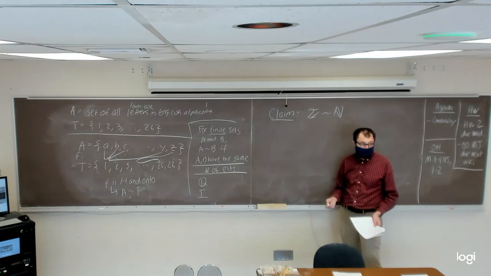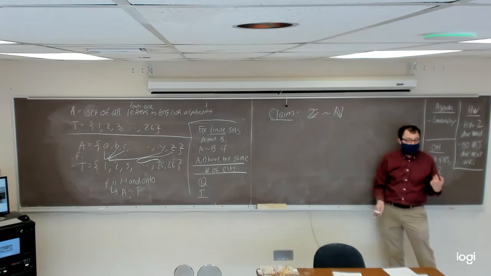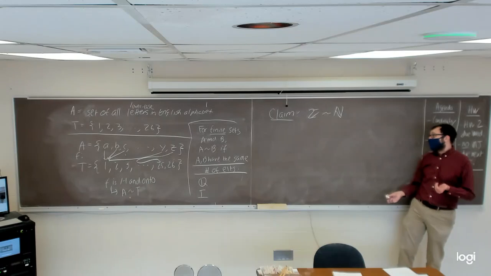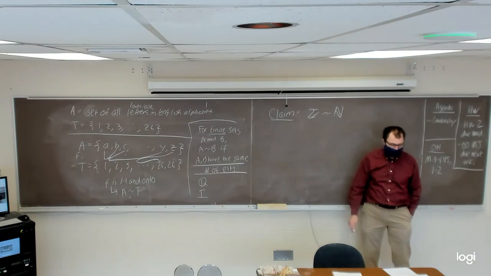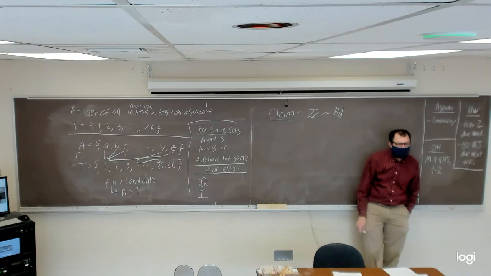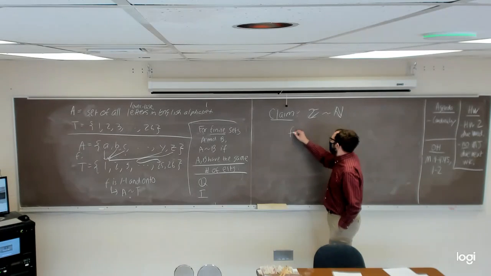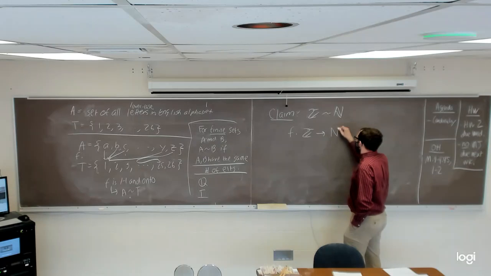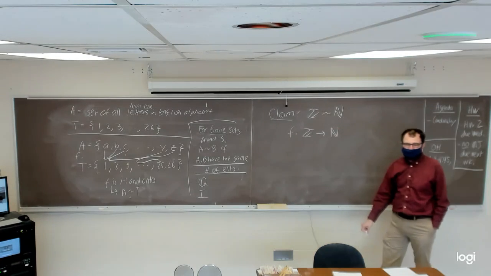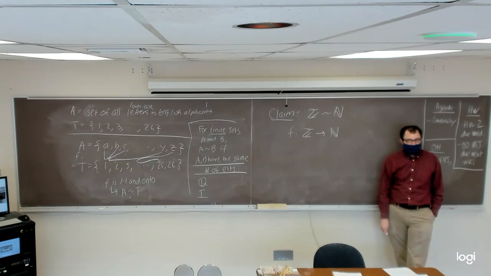Meaning I claim I can find a one-to-one and onto function going from the integers to the natural numbers. How can we do that? What would be a way to find a function f starting with the set of all integers, going to the set of all natural numbers in a way that is both one-to-one and onto?